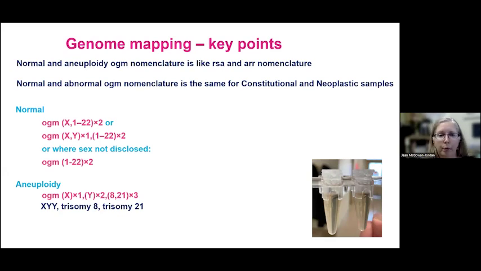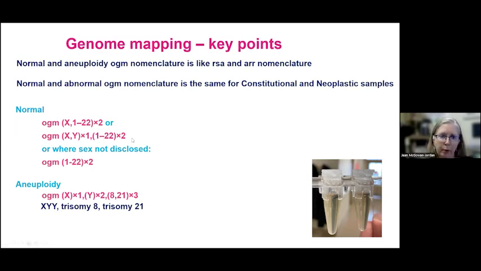Those of you who do microarray will recognize this sort of pattern of nomenclature, where we use OGM as our little abbreviation, and then for female we have X, and then the chromosomes 1 to 22 times 2. So very analogous to microarray nomenclature.